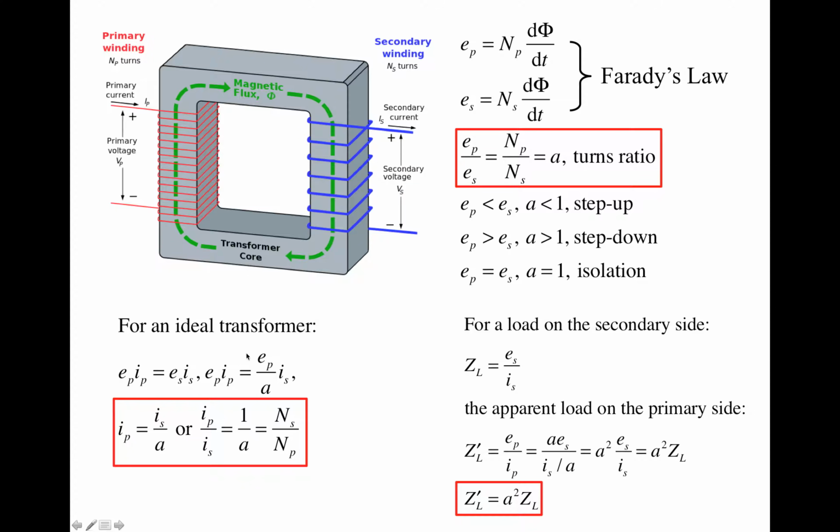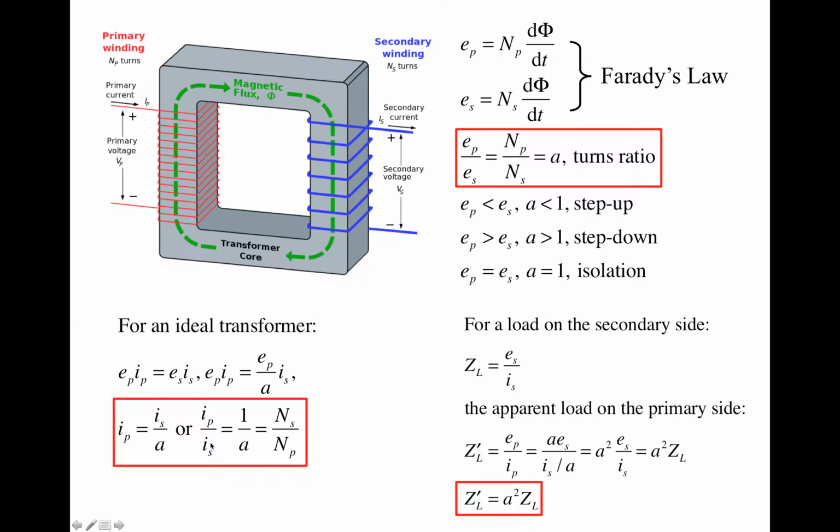And EP appears on both sides, so they cancel out. Now IP equals IS divided by the turns ratio. If we rearrange the terms, then we get IP divided by IS equals 1 over A.